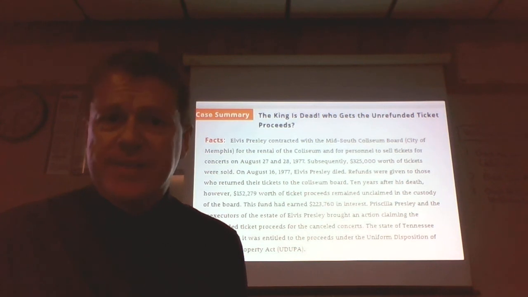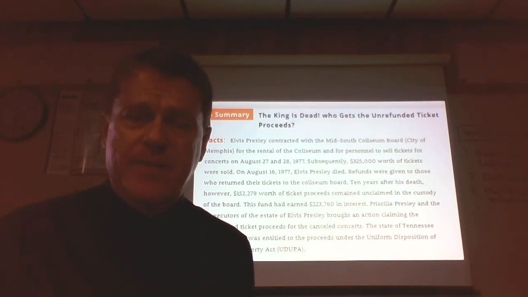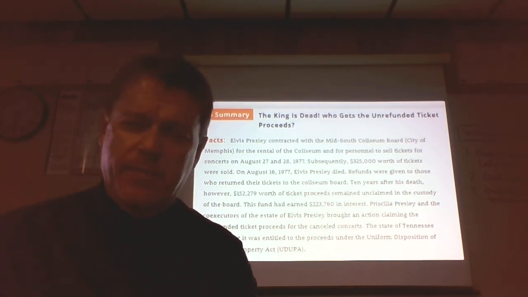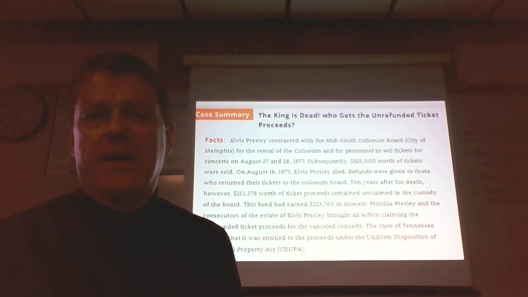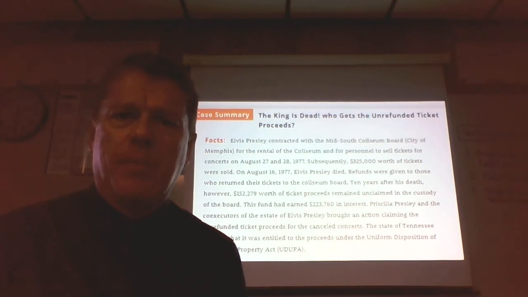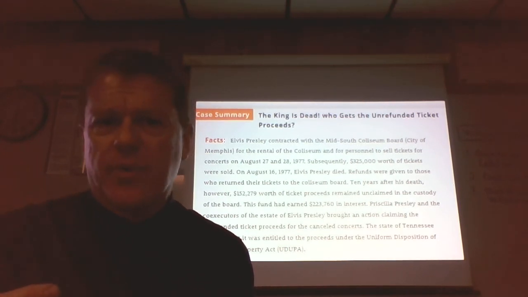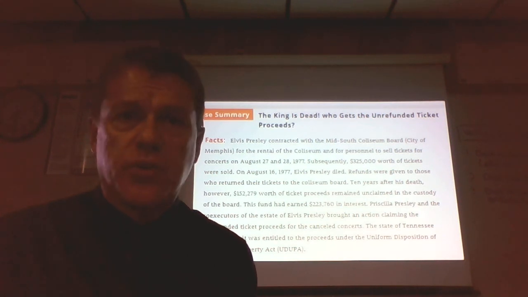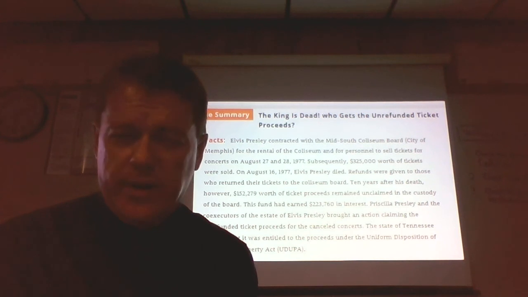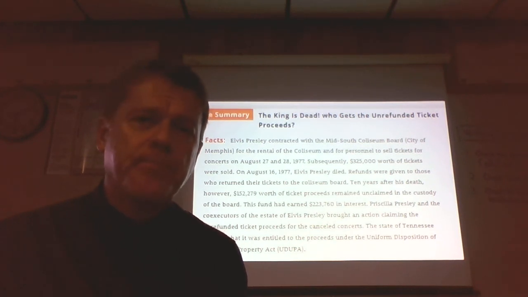And so they sued the city of Memphis, because that was the overall entity that managed this venue. The city of Memphis had to respond to this lawsuit, because we're now talking about hundreds of thousands of dollars that the estate's trying to get hold of out of this government account.